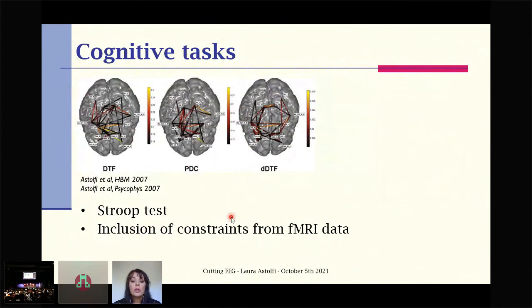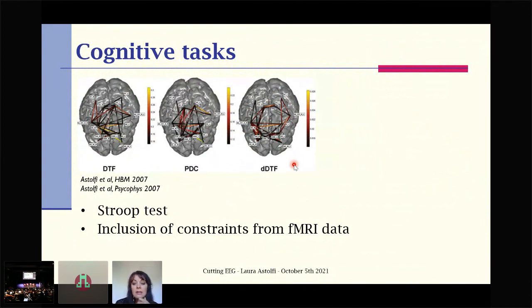We can use the spatial information derived from, let's call it static, because of the low temporal resolution, fMRI data, in the solution of the linear inverse problem, and this can improve the spatial resolution of our solutions by using these physiologically informed constraints. In this example, we obtain networks at the cortical level based on a minimum norm approach. The data were related to a cognitive task, which is the Stroop test.